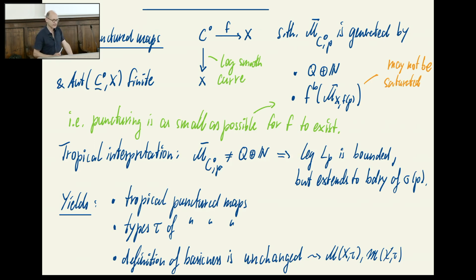There's a price you pay for this kind of canonical definition. Namely, I told you there's one place in all my talks where non-saturated log structures appear. It's right here, right? Because you pull back some log structure, some monoid, by some map, that may not be saturated. And the reason is, you might think, oh, why not saturate it?